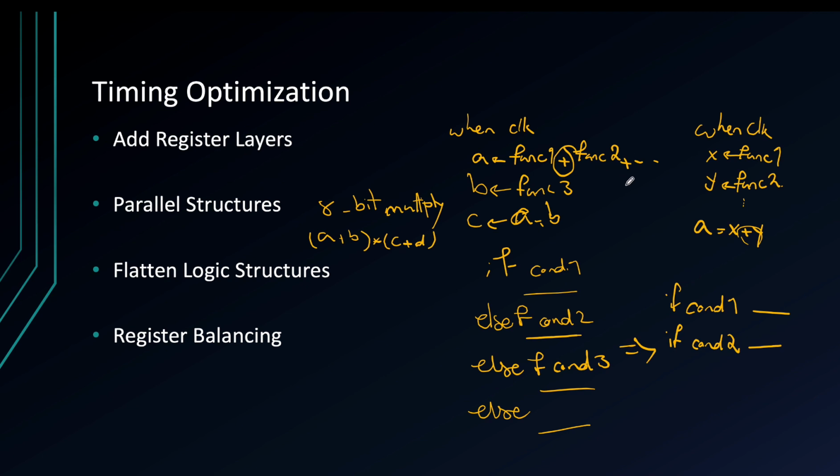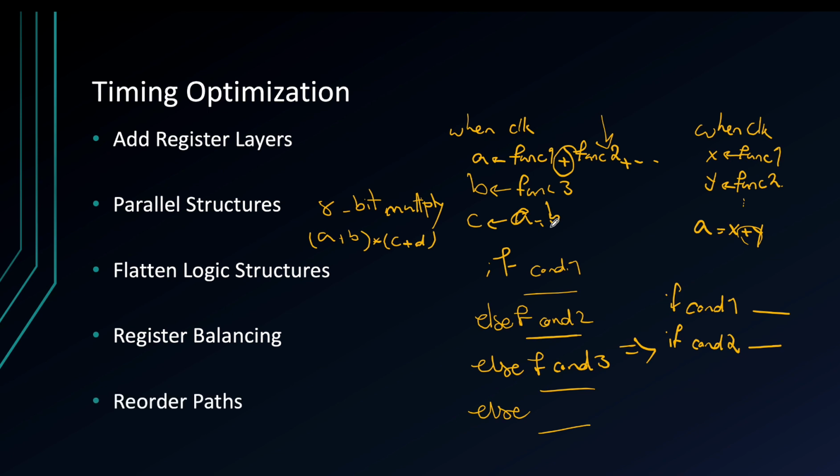And this is short, and this is your critical path, for example. So register balancing would basically say that if you can break it up into different paths, so you don't have one super long path that screws up your timing, and just have a few longer paths, right? Still shorter than the main critical path that you had before, but it's a more balanced design.